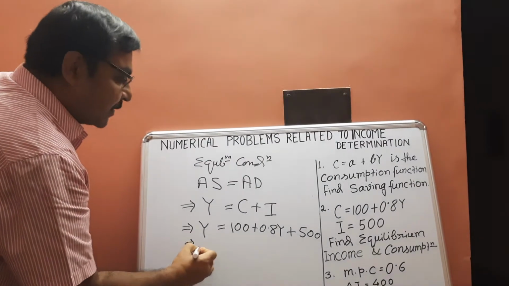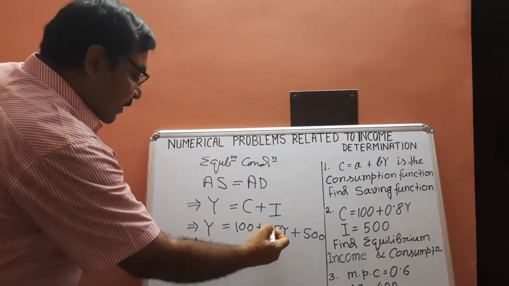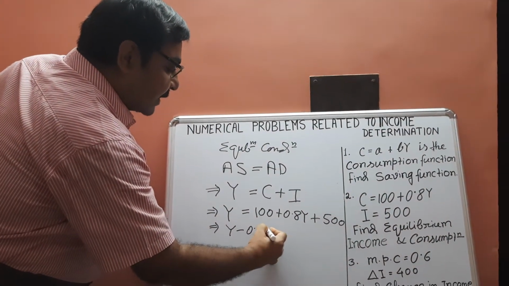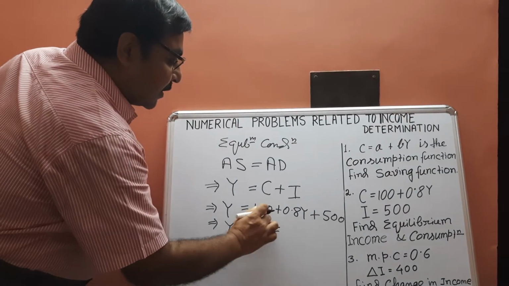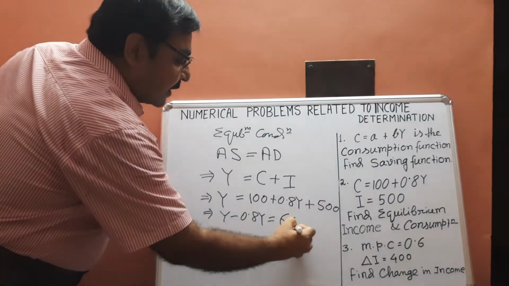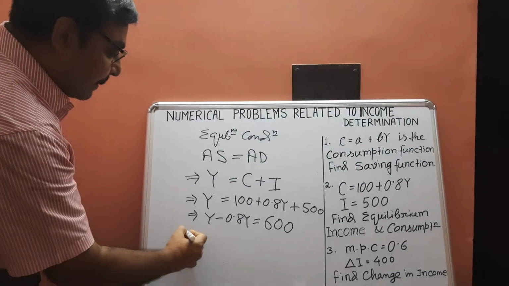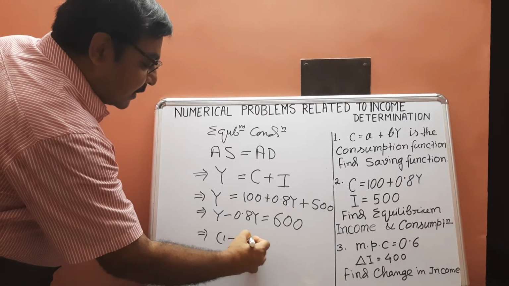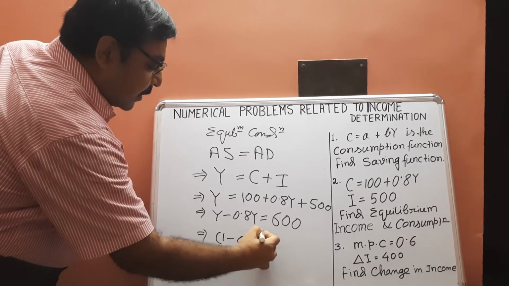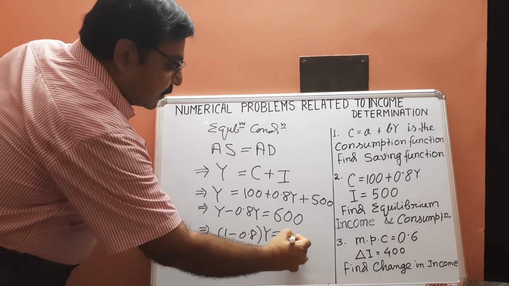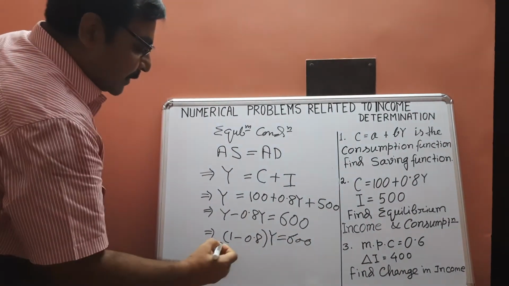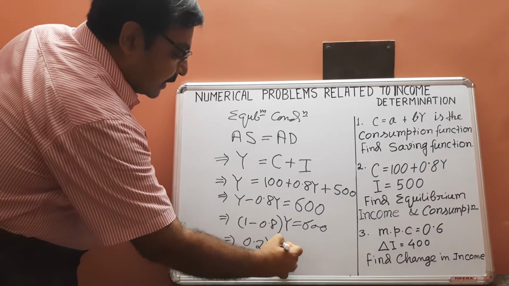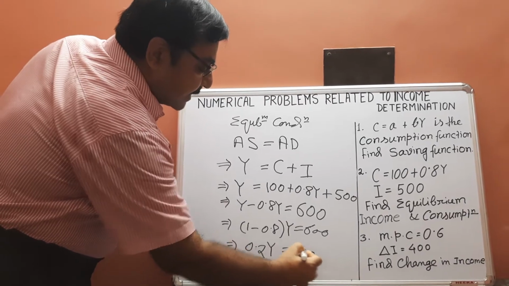So what you are getting actually, Y minus 0.8Y is equal to 100 plus 500 is equal to 600, or (1 minus 0.8)Y is equal to 600. So it is actually 0.2Y is equal to 600.